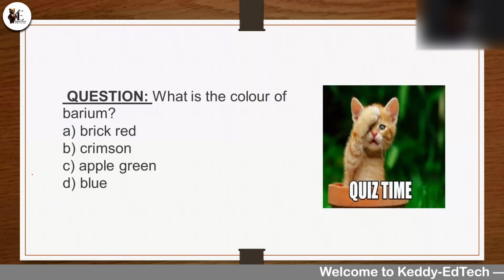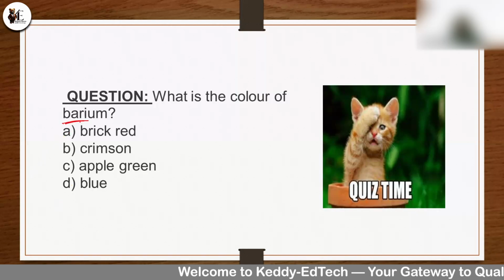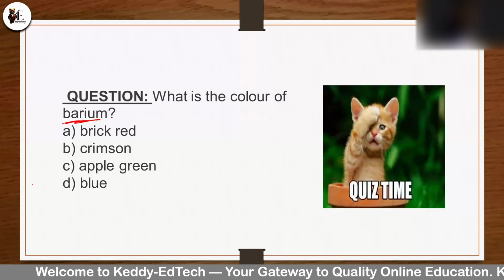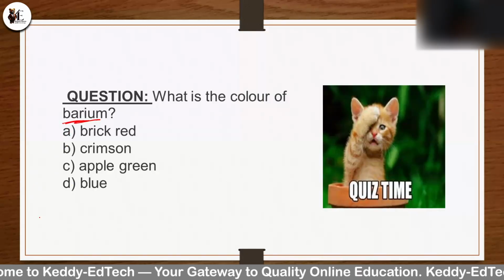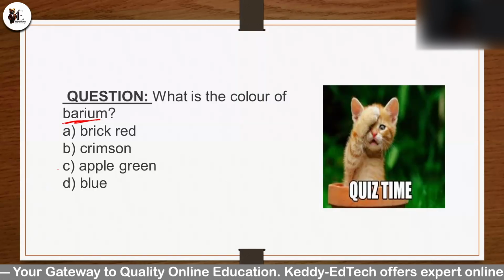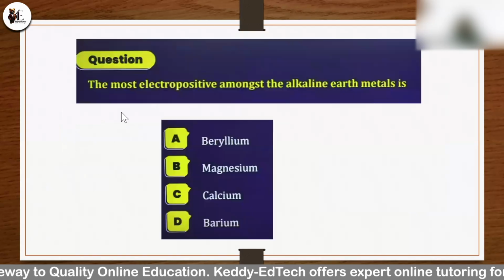We say it is barium, calcium, and what? I'm asking for barium, not calcium. Oh, okay. From those colors, it's apple green. Yes.